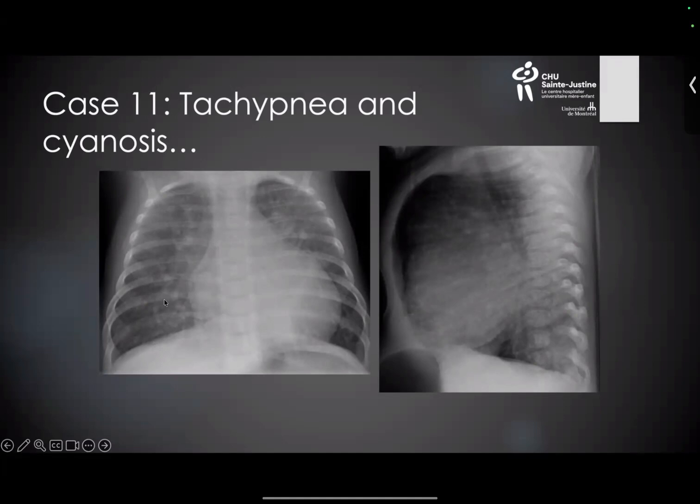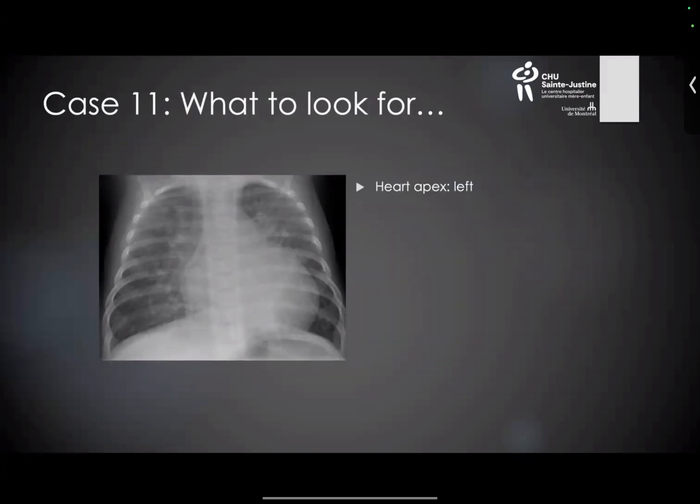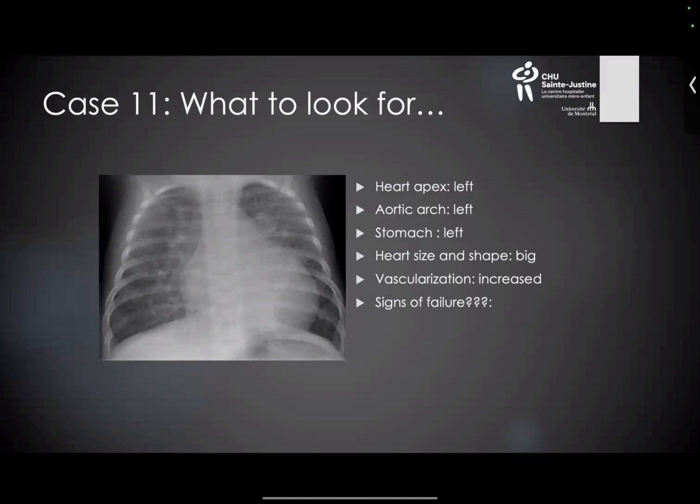And here too you have increased pulmonary artery supply, so you have increased lung vascularization. So everything's on the left. The size is big. Is there any sign of failure? Yes. And in that particular case, you cannot tell that on the chest X-ray. It was a pulmonary atresia with tricuspid regurgitation.